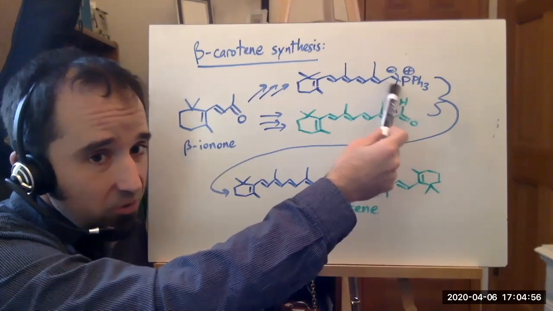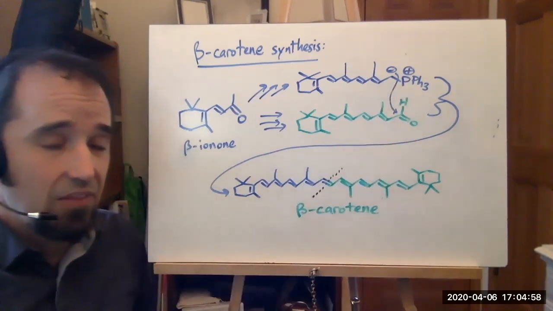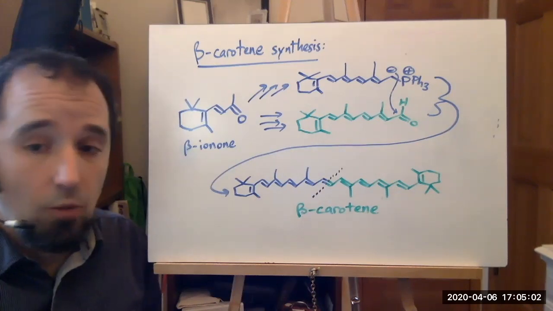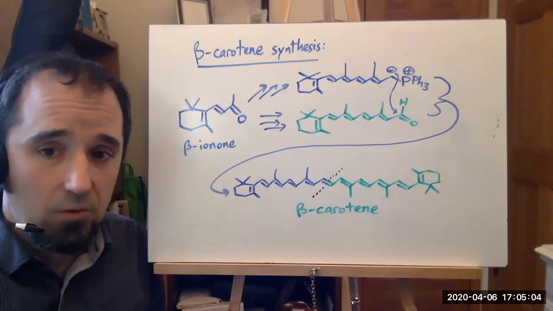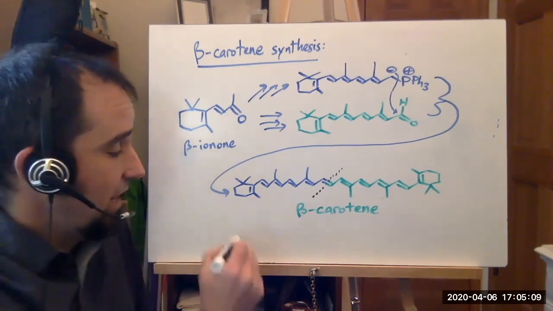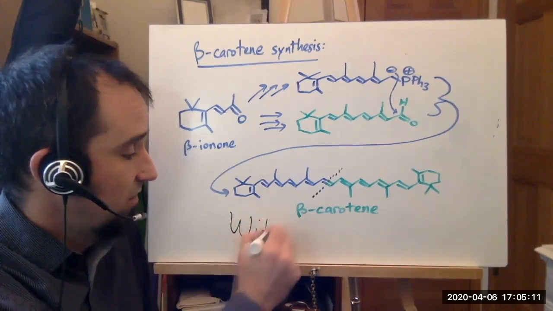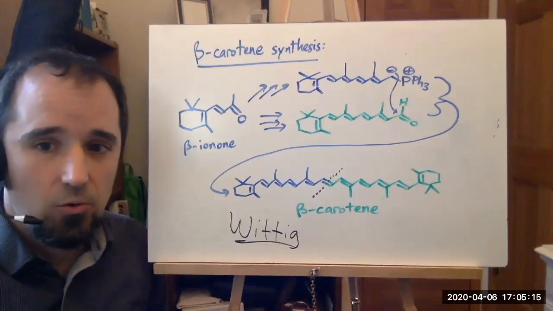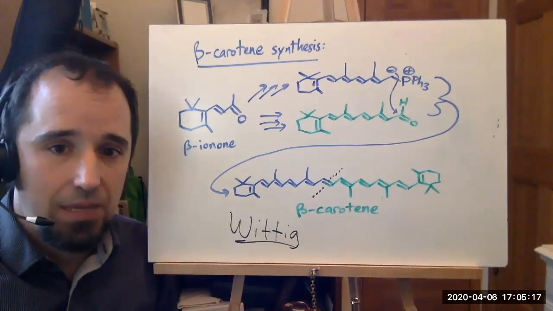But remember, as unique as this looks, we just got there in the last slide from an alkyl bromide. You just take an alkyl bromide and react it with triphenylphosphine. So the Wittig reaction, remember it's German, so that W sounds like a V, Wittig reaction. Really nice way to make alkenes.